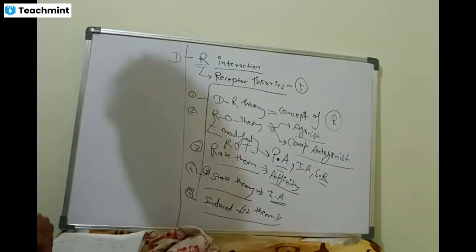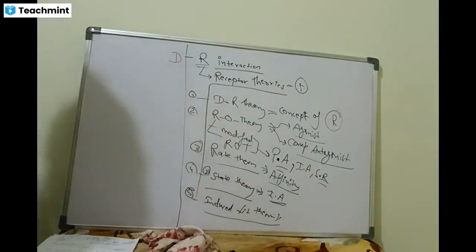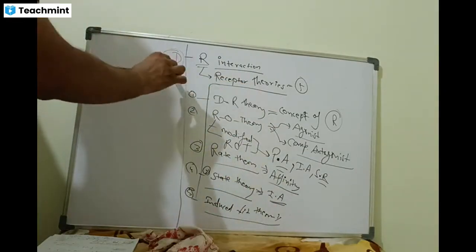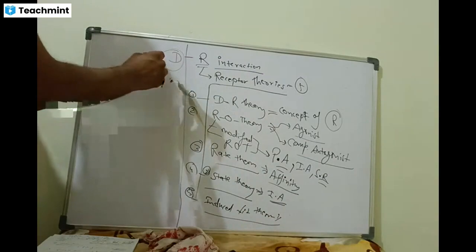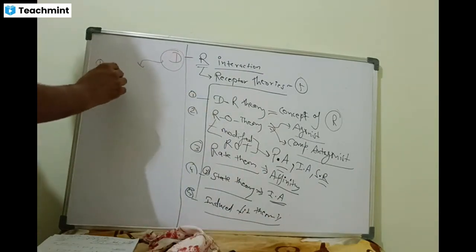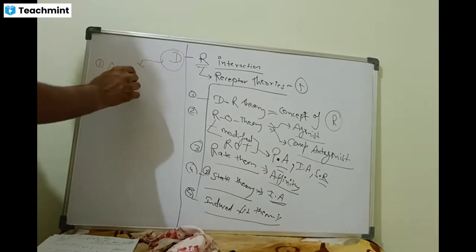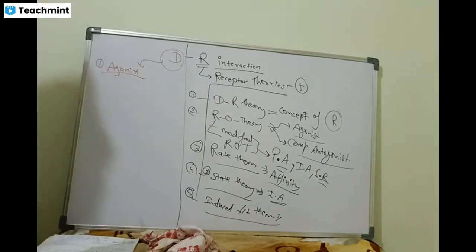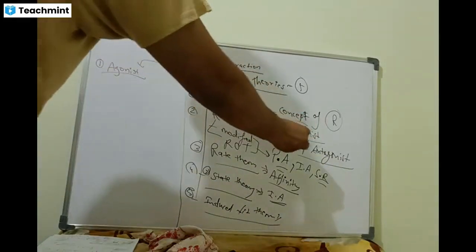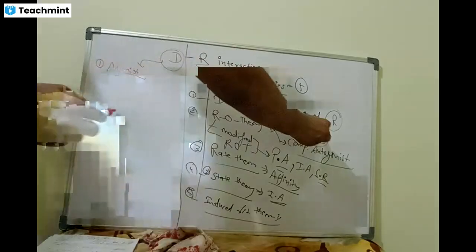Based on these concepts, we have three types of drug. Number one, agonist. This concept of agonist evolved from receptor occupancy theory.